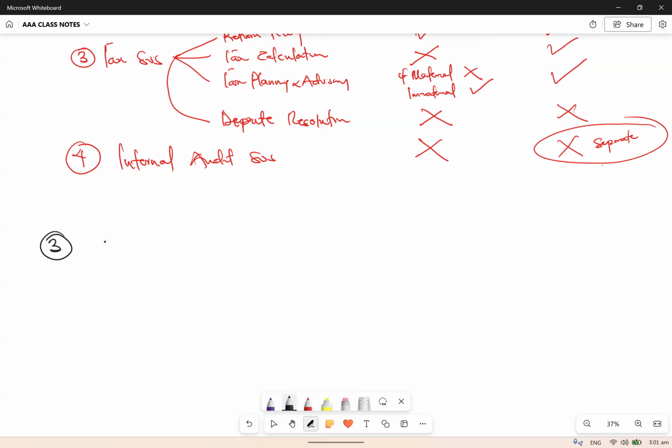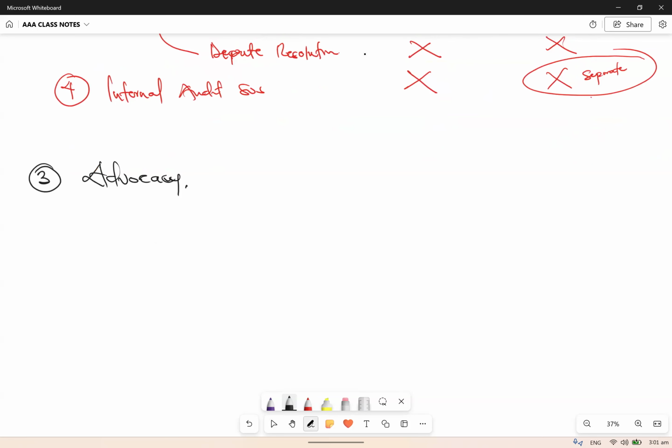Three, advocacy. Now, advocacy simply means that you are finding yourself in a situation whereby you are promoting the client's business. This usually happens when you advocate the good deeds of the client in public.